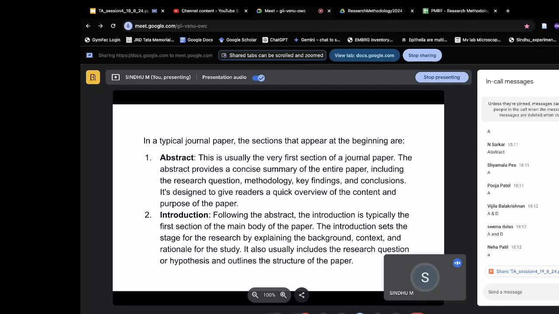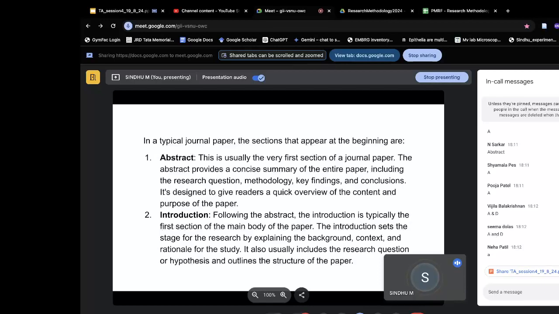So the first topmost thing will be the title, below that will be the abstract. The abstract will have a brief line about what the study is about and what the important results and conclusions of the study are, so that even if someone has not read the entire paper, they can get the important points from the paper.